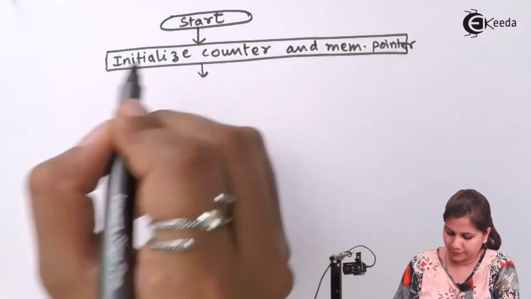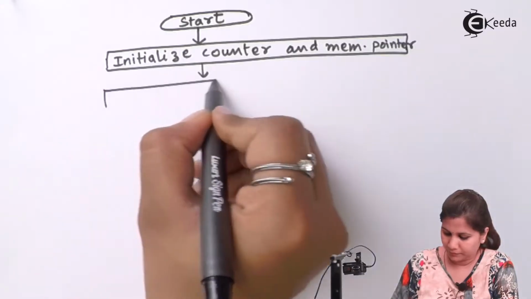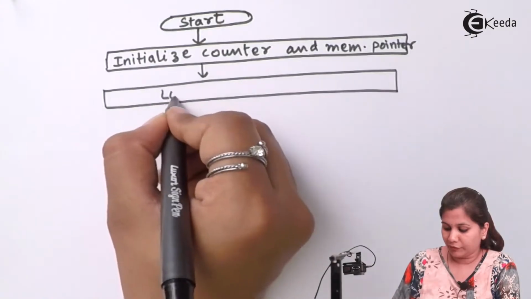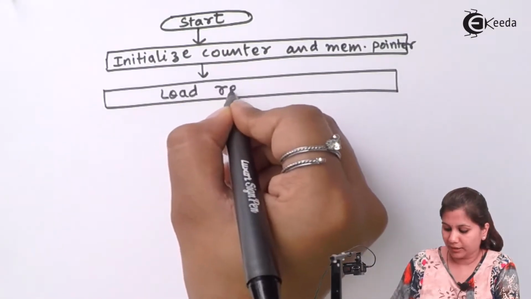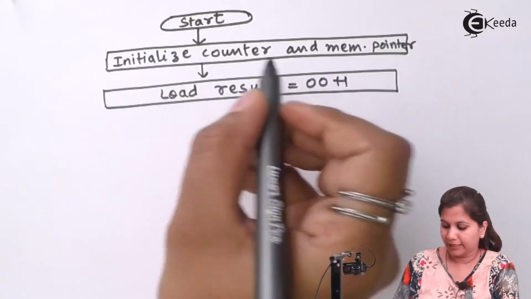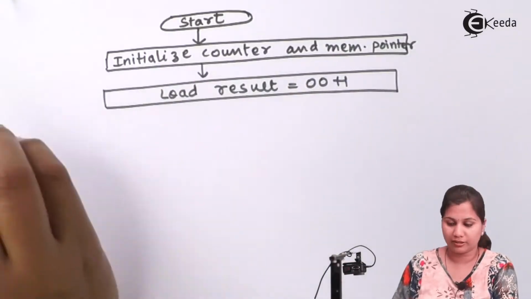Next is, we will first load our result as 0, and in that we are going to add each number.